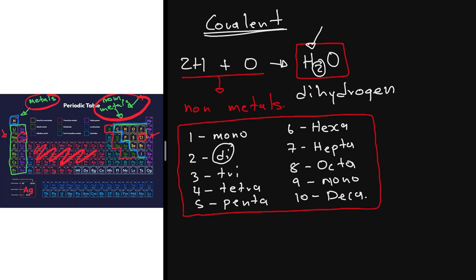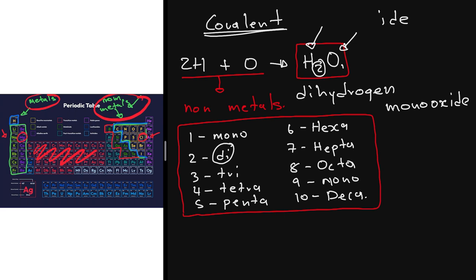And then the last element, remember, you always change the last part. The last part is always going to be -ide. What we have on the last part is only 1 oxygen. So this is called dihydrogen monoxide.